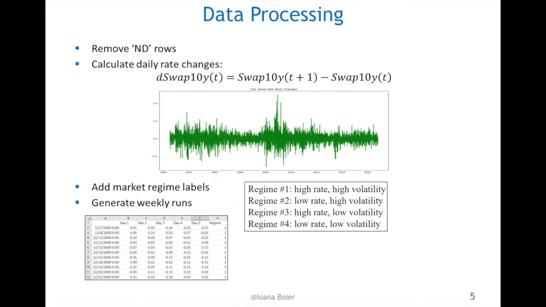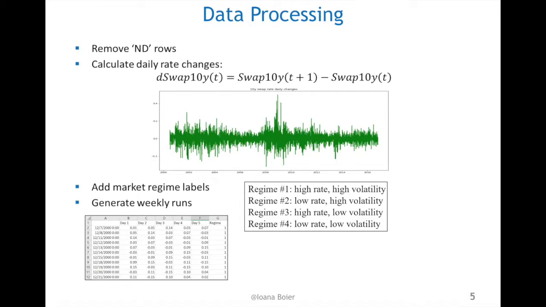In addition to learning patterns for the full data set, I also explore the ability to generate patterns for prescribed market regimes such as high rate high volatility, low rate high volatility, high rate low volatility, and low rate low volatility. To designate high or low, I use the average rate and the average volatility over the entire period as thresholds.